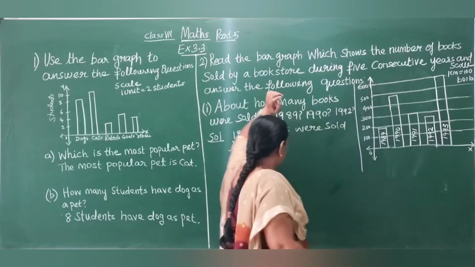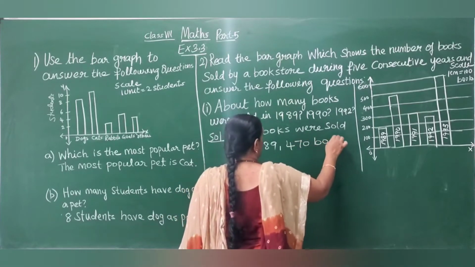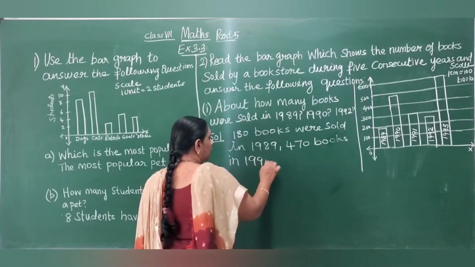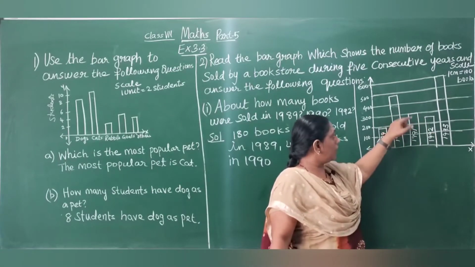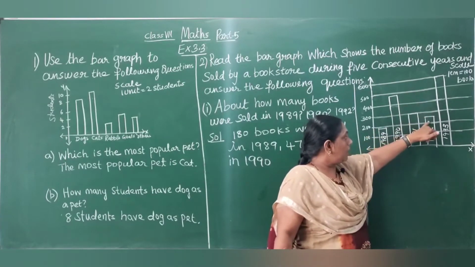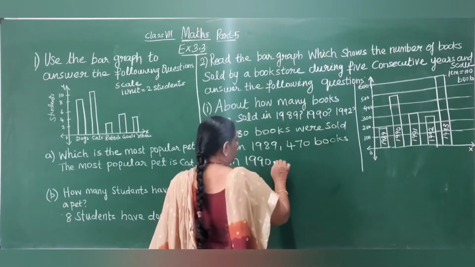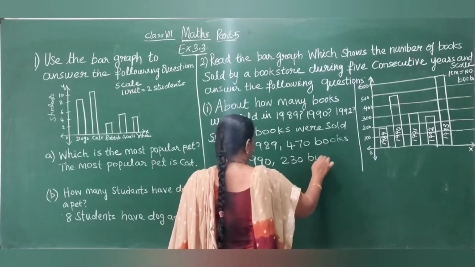So here it will be 470. So 470 books in 1990. And next is asked in 1992. Here it is between 200 and 300, about 230. So 230 books in 1992.